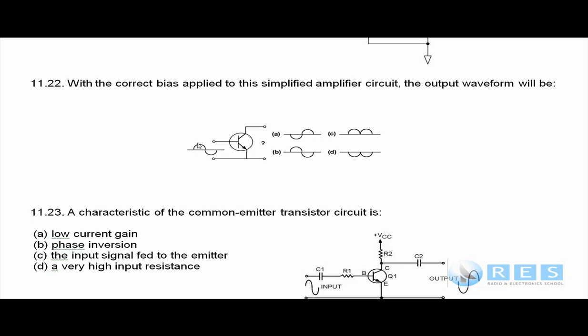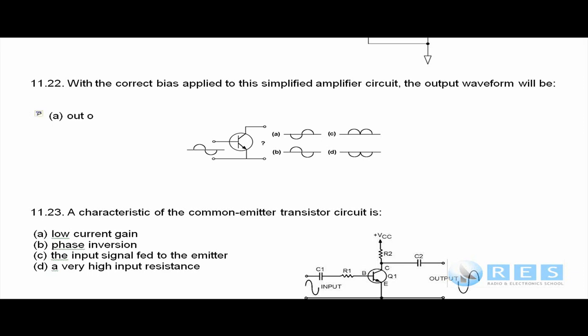Well, with common emitter, the phase is inverted 180 degrees. So this is the input. It's certainly not this, because that's not a sine wave. It's certainly not that, because that's not a sine wave. This sine wave B is in phase with the input, but this sine wave A is out of phase with the input by 180 degrees. So the answer here is A.